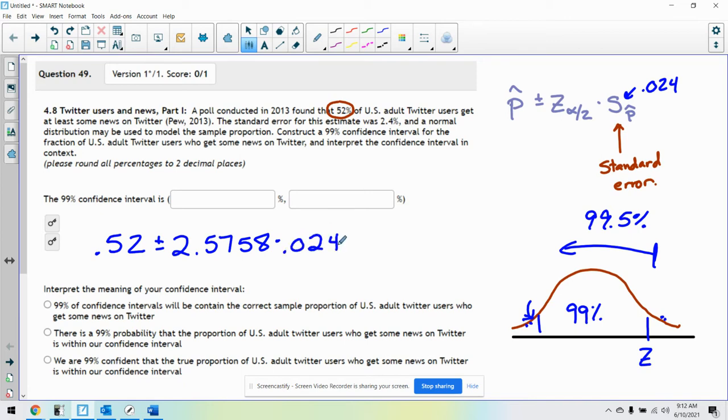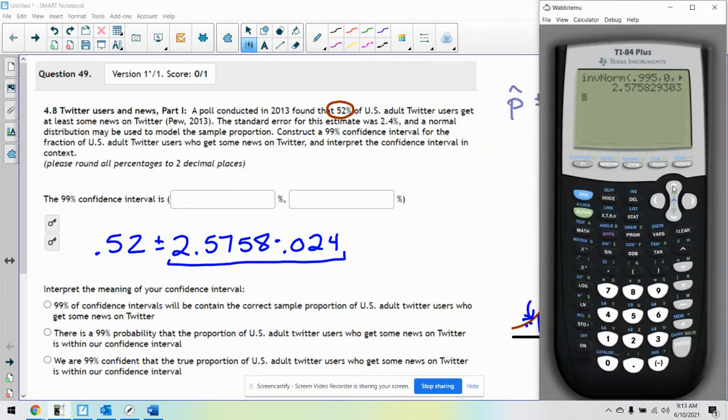I'm not sure if there's a problem like this on the problem side of the quiz. I think most of the stuff on those can be done in the calculator. But here we go. I'm going to first figure out what this 2.57 number is, then multiply it by 0.024. Okay, that's my margin of error.